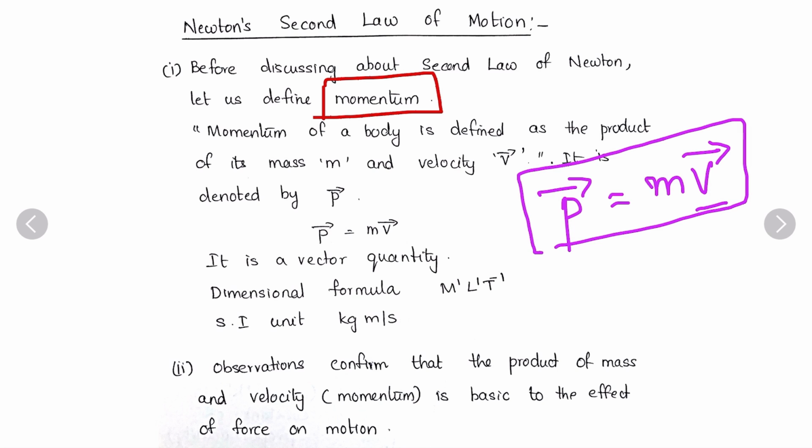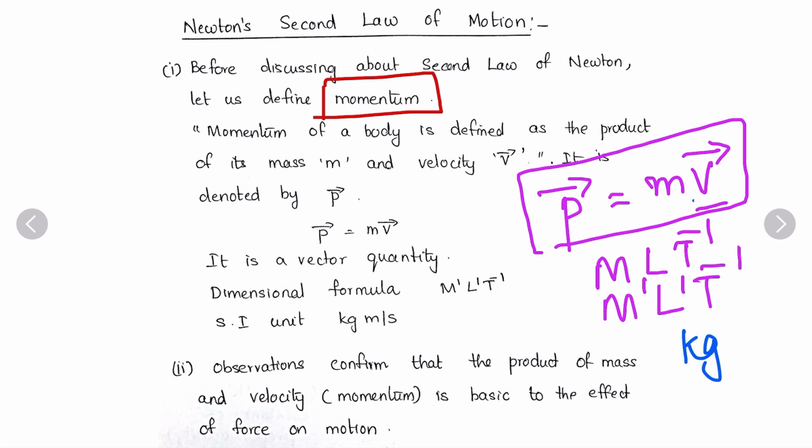It is a vector quantity, and you have to write the dimensional formula. Mass is M, velocity is distance per time, that is L T minus 1. That means M1 L1 T minus 1. And you all know the units for mass, that is kg, and for velocity, meter per second.